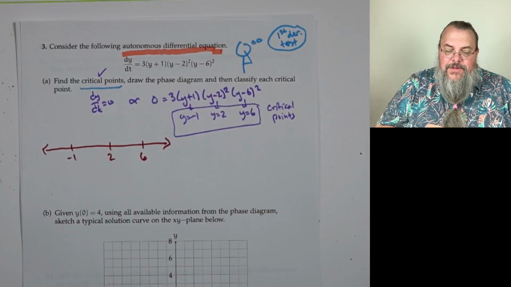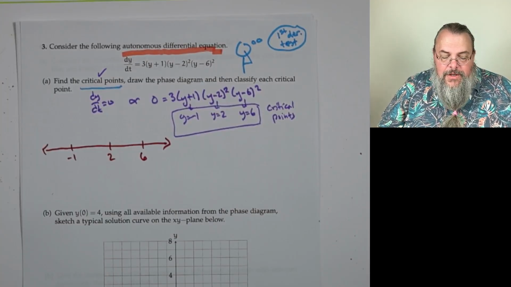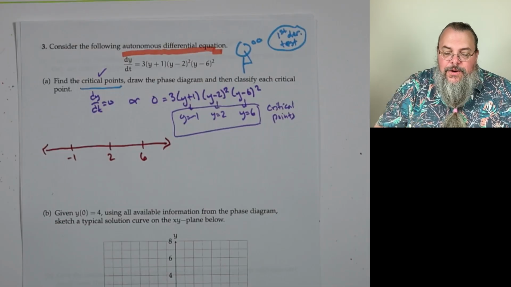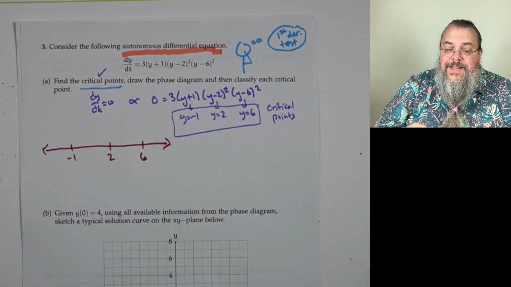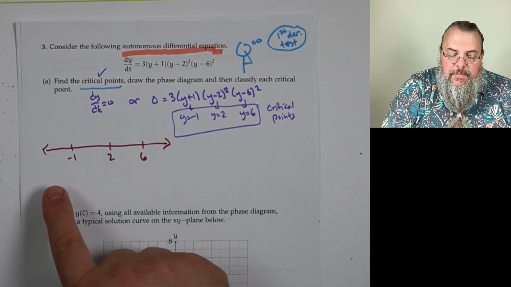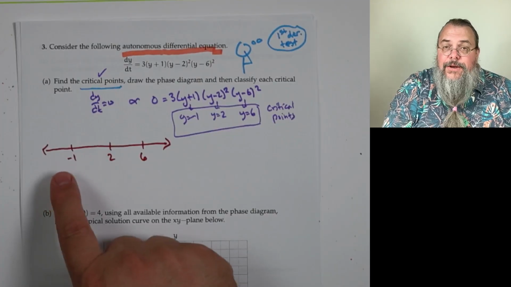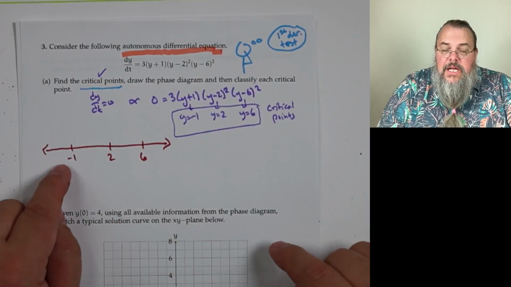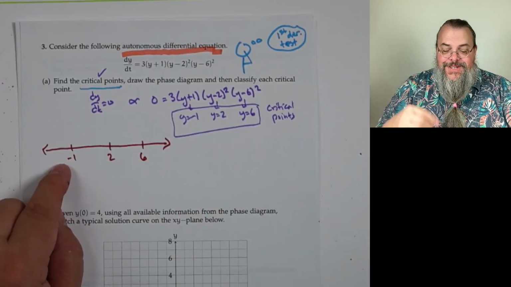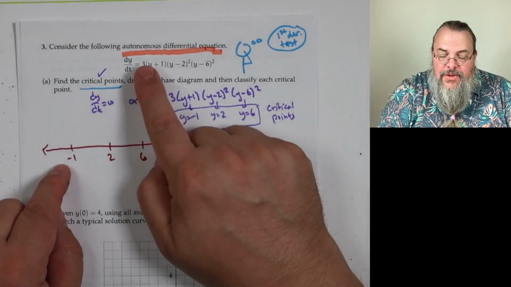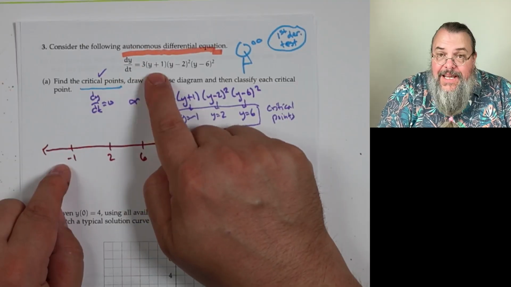Now, what do we need? Well, what we need to do is figure out what's happening to y prime. And so we plug in values. So let's suppose we plugged in a large negative value, like negative 2. If you plug in negative 2, the 3 is positive, that'll be negative.